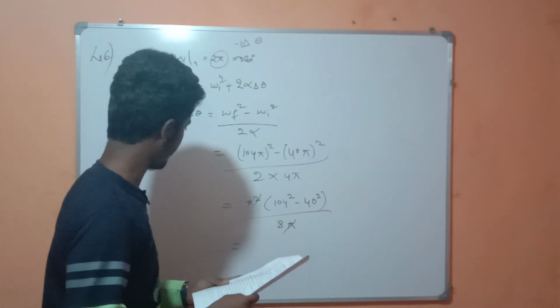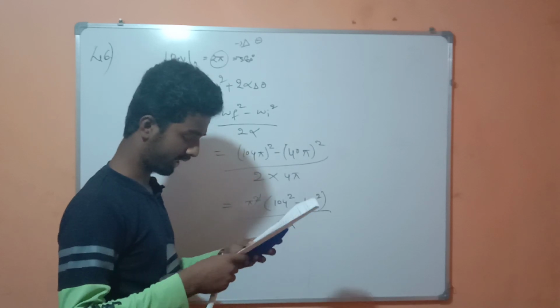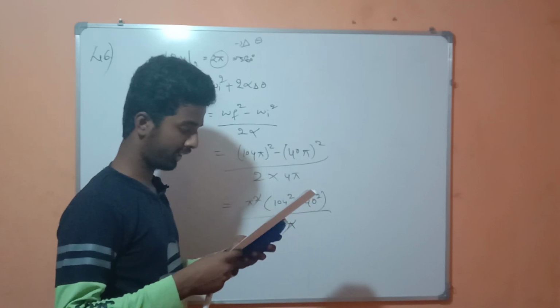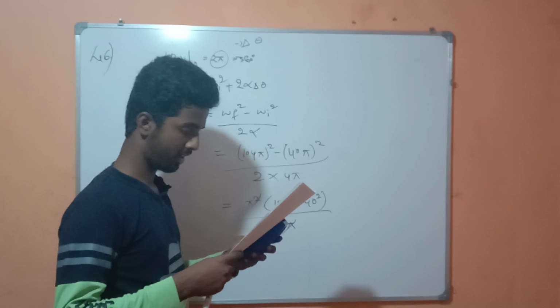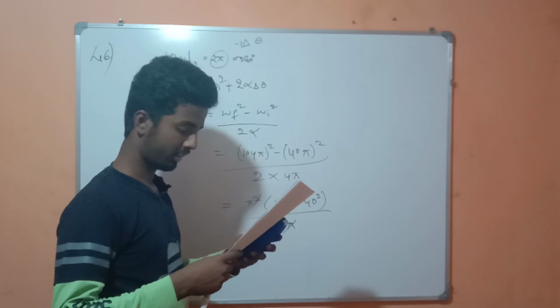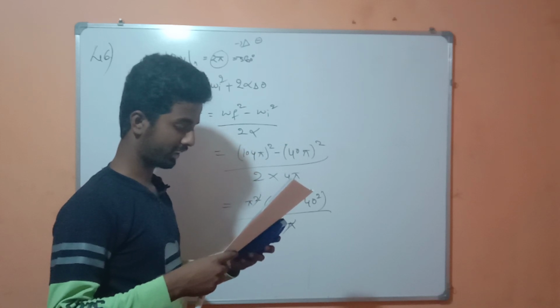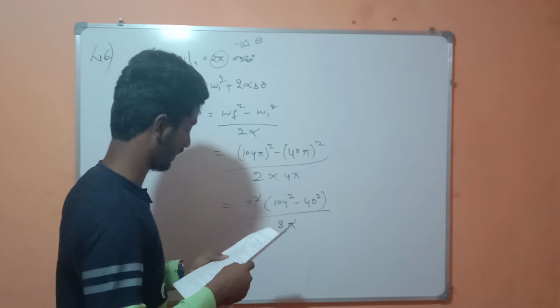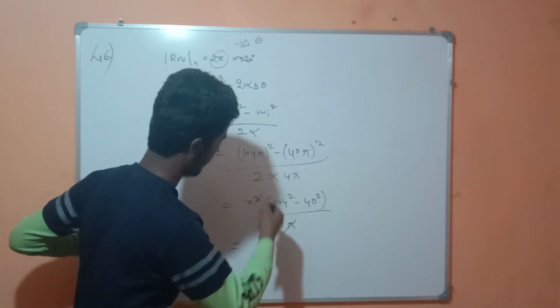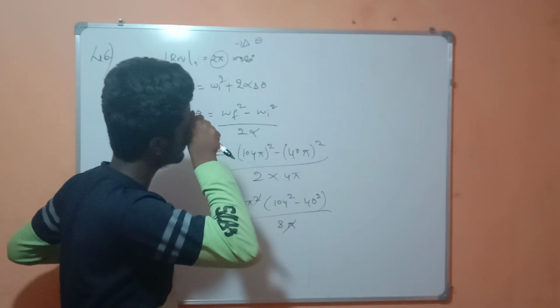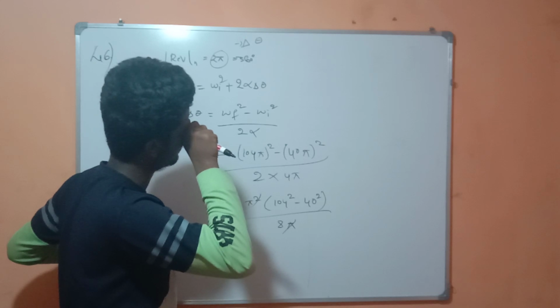The question: delta theta, acceleration during 3120 rpm in 16 seconds. How many revolutions does it make, children? 104 square minus 40 square is 9216.